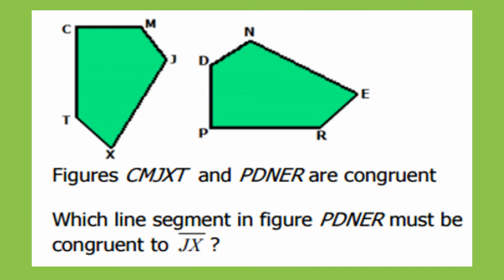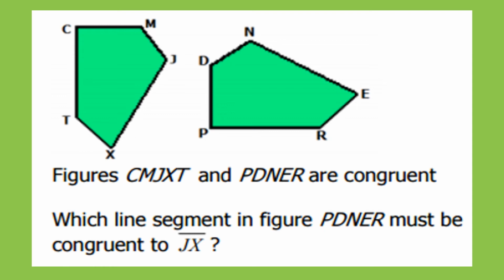Here's where it gets really fun. We have an irregular polygon, but it's okay because the irregular polygon is actually congruent to its partner there. So we have a figure, and I guess technically that would be a pentagon because it's a five-sided polygon. So we're saying figure CMJXT.